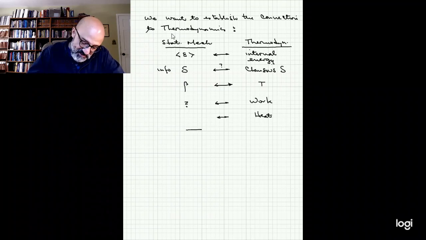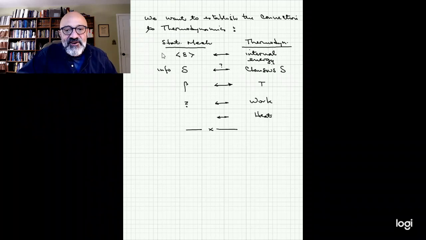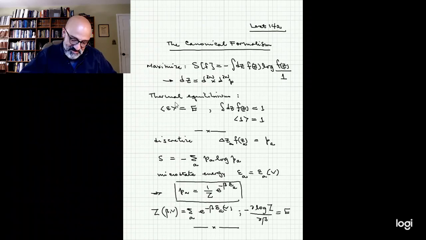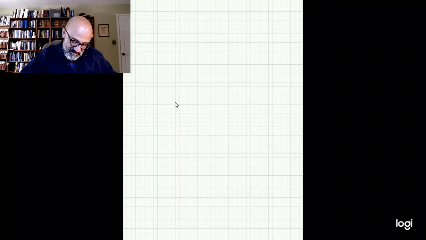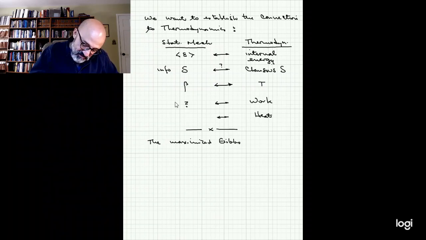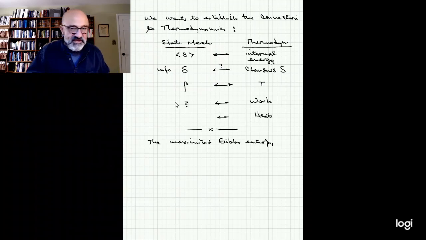So let us start by calculating the connection between the Gibbs entropy that appears here, the maximized Gibbs entropy, which is something that we obtain by just substituting the Boltzmann distribution in the formula for the entropy.